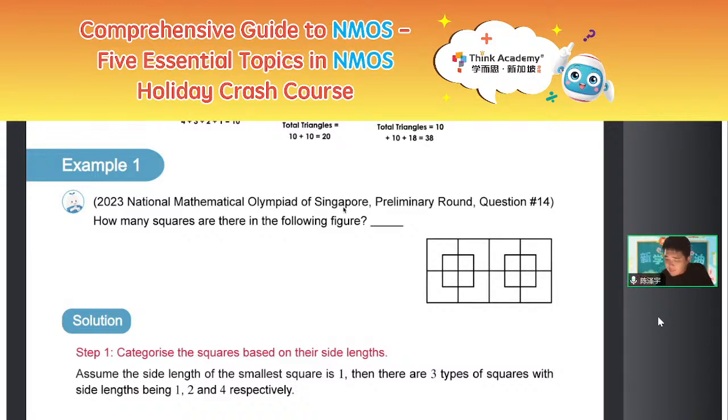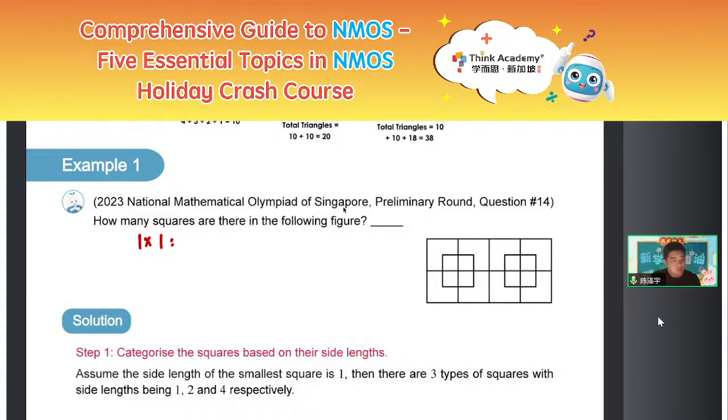Now I'll call the smallest one a 1 times 1, and these ones, because it's made up of 4 squares, I'll call it 2 times 2. And for these, the big ones that you can see directly, I'll call it maybe a 4 times 4. Okay, so we can start with how many 1 times 1 squares.